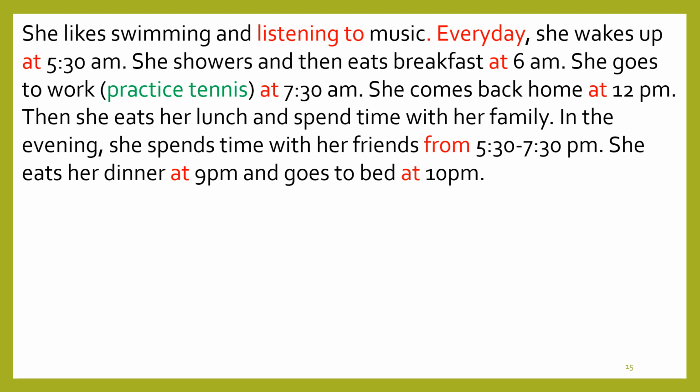And for hobbies, you need to use the word likes. Okay, she likes, he likes. So here she likes swimming and listening to music. These are her hobbies. Now, you can also add extra information saying how often she does these hobbies. Otherwise, this much is also fine.